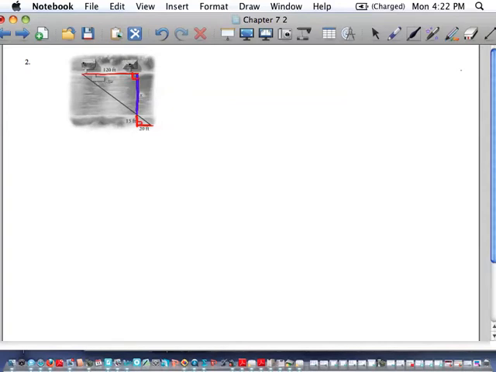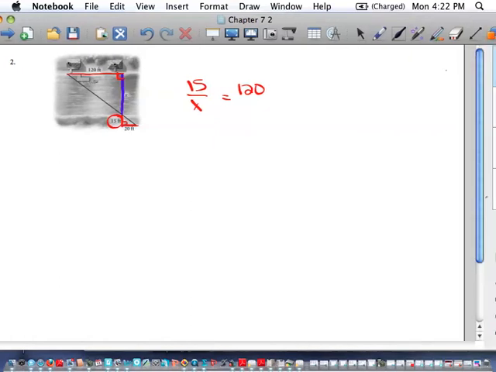So we have two similar triangles, so we could say the side perpendicular to the river is to x, so 15 is to x, as 20 is to 120.